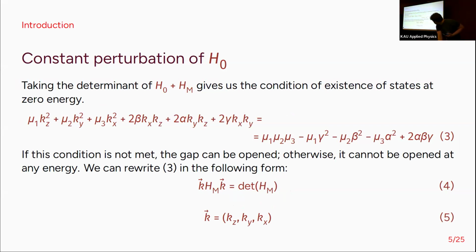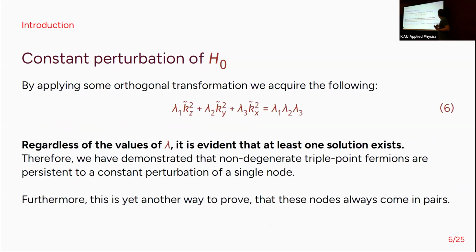As we can rewrite equation 4 as equation 6 via some orthogonal transformation. So from equation 6, for example, if lambda 1, lambda 2, lambda 3 are all positive, then it is some ellipsoid of rotation, and there are solutions. If you substitute one of them negative, then it is obvious that there is a solution.